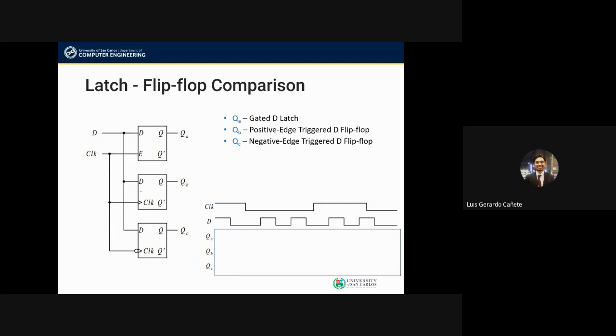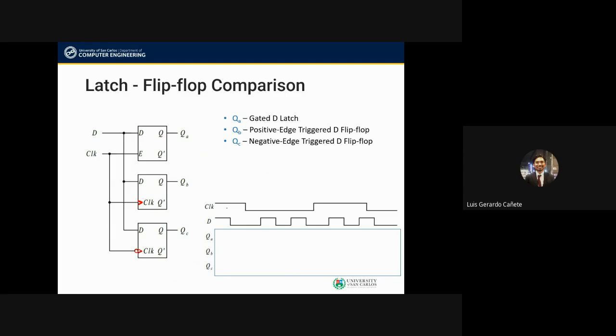But here, notice that we have this symbol. This indicates that this requires an edge. So when we have this, this means that this is a positive edge triggered flip-flop. This is a D flip-flop, positive edge triggered. To indicate the negative edge, we just use a bubble in front of our edge indicator. So this is the edge and it's being inverted. So basically we're saying on the negative edge, we make the transitions.